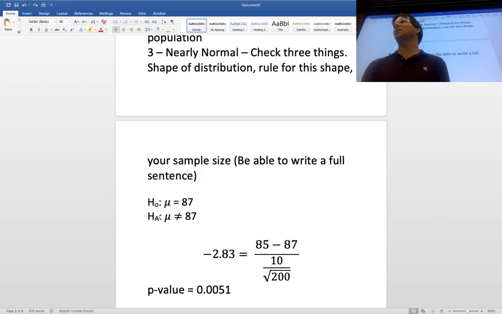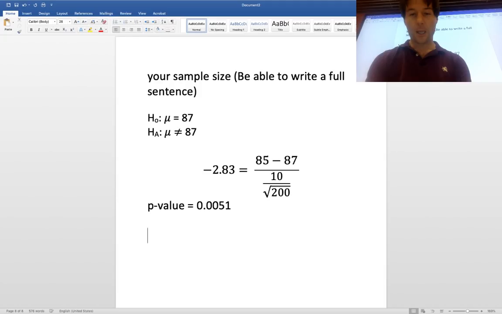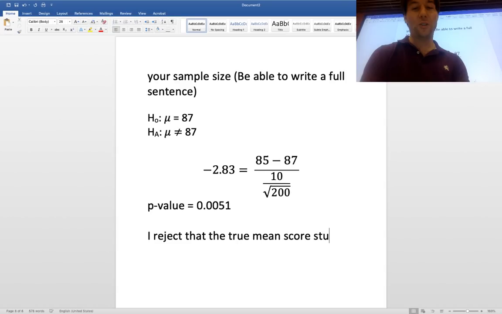So let's come to our conclusion here. I'm going to try to write this without doing that perfect structure. I reject that the true mean score students think they will make on the test is equal to 87.